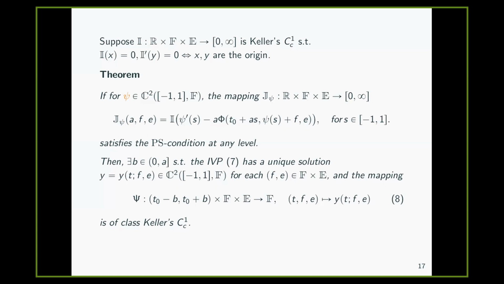And we suppose that it satisfies the Palais-Smale condition at any level. Then we have a unique solution y, which is twice differentiable and defined over the entire time interval. And also the mapping that gives us the solution, probably on a smaller interval, is of class C1 in all of its arguments.